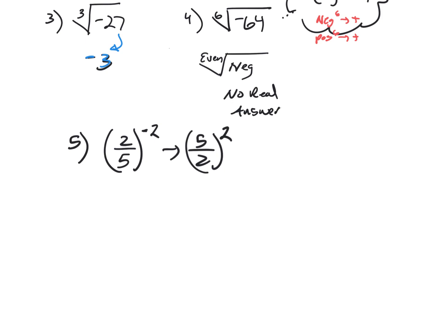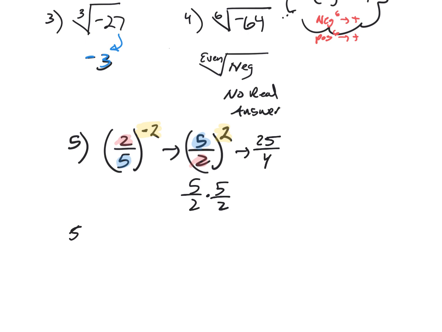To get rid of a negative exponent, you can rewrite that as positive by flipping the base, by putting the 5 on top and reciprocating. It's called reciprocating the base. And then 5/2 squared means 5/2 times 5/2, which gives you 25/4.